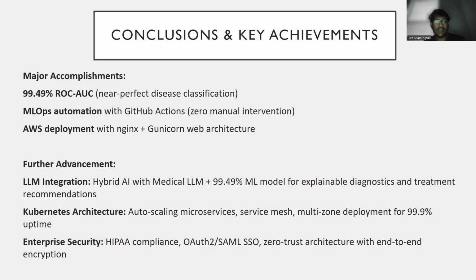The AWS EC2 instance can be transformed into a Kubernetes architecture with auto scaling features, so it can sustain heavier loads and provide zero downtime. We also talk about enterprise security with compliance, SAML SSO and zero trust architecture. So let's go and check the CI/CD pipeline.